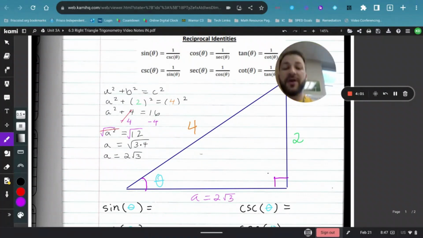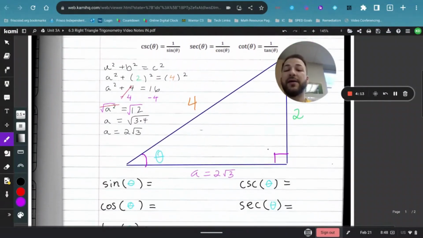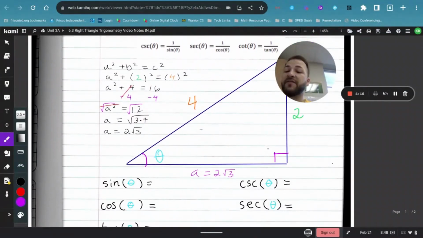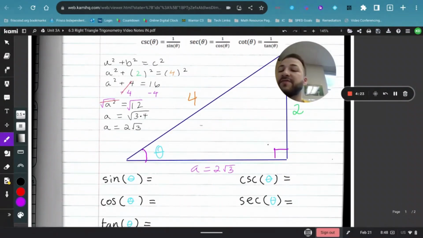So now that we know that, we have all 3 sides, we can start filling in our trig ratios. And filling in your trig ratios is as simple as just taking what they are. So sine is opposite over hypotenuse. I'm not going to be solving for theta. I'm just setting up the fraction. In this case, my opposite side is 2. My hypotenuse is 4.